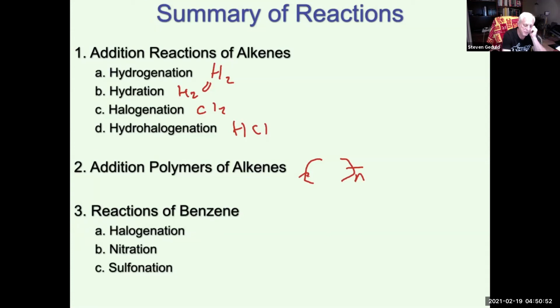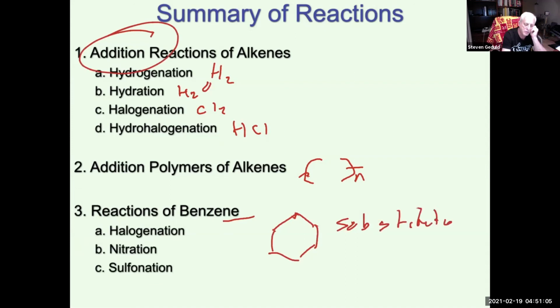Okay, and those are very difficult reactions, require a catalyst, and it's a substitution reaction. It is not an addition. Addition reactions are alkenes. These are substitution reactions where one of the hydrogens from this ring is being replaced by either a nitro group or a halogen or a sulfur group, HSO3 minus.